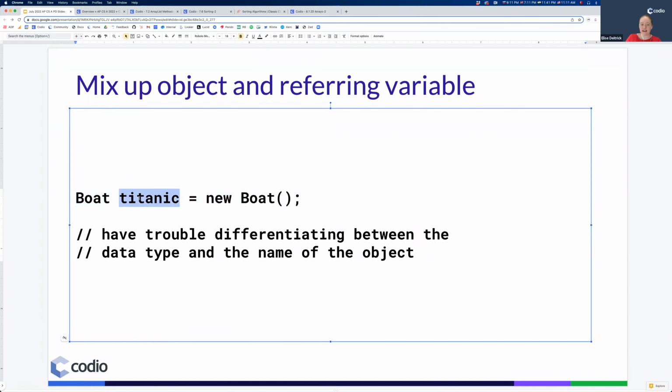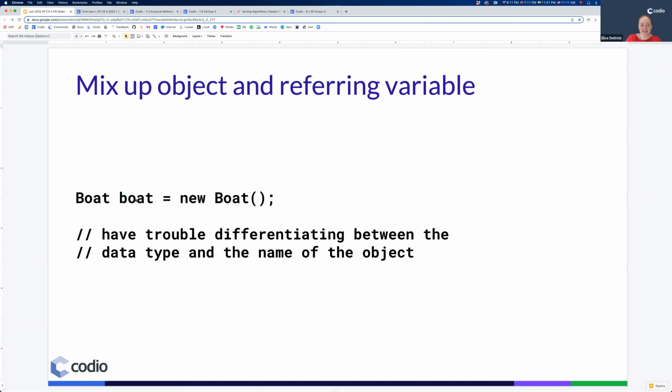Well, Titanic is the name of the boat. And so you can use a little bit better naming to help this one specifically, but they really get confused about what's the variable name and the object type can get really messy.